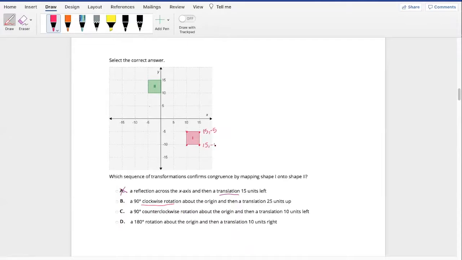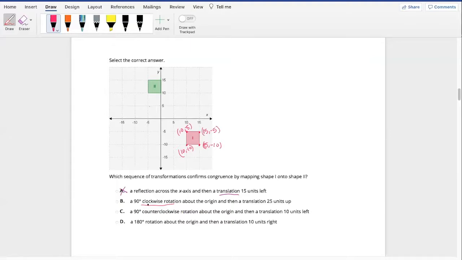15, -10, and 10, -10. These are all our ordered pairs here. That's 15. And 10, -5.